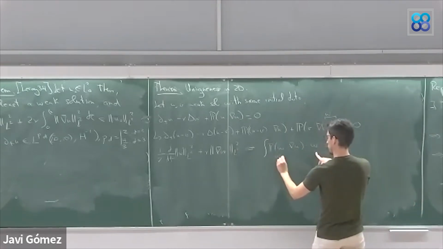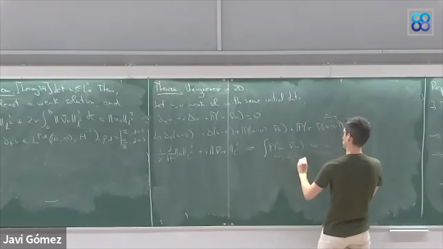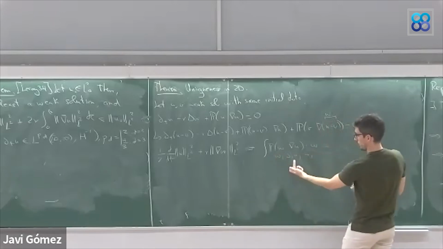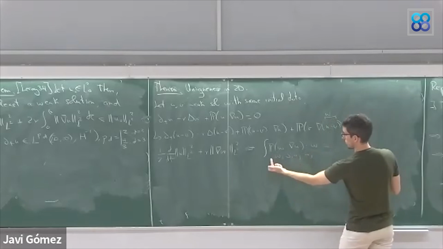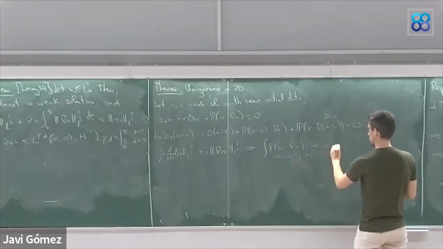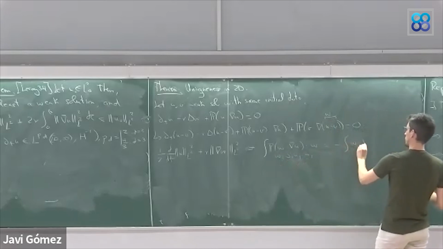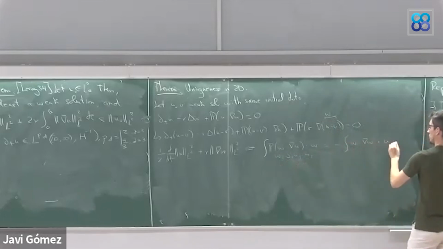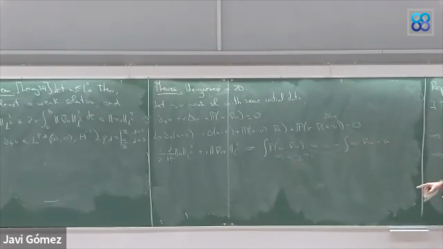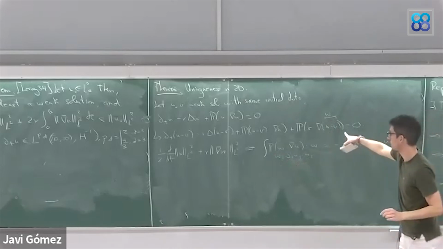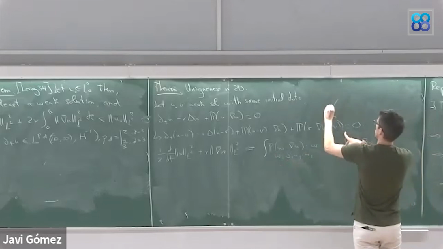This is w_i partial_i. Because of the incompressible condition, integrating by parts, this is w, gradient of w times this one here. This disappears.